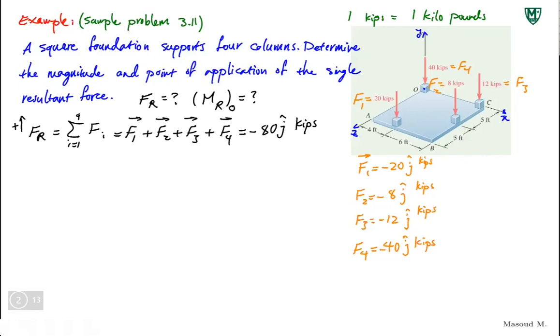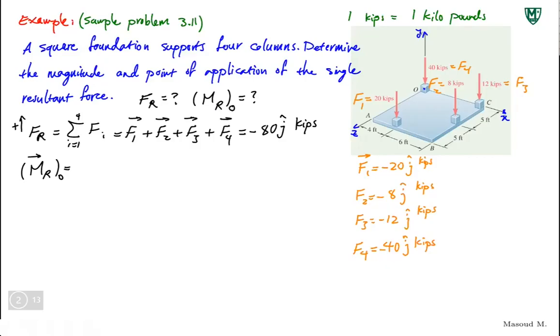Now we have to find the resultant moment, M_R, about point O. We don't really have any couple moment, any couple free vector floating around. We only have forces.